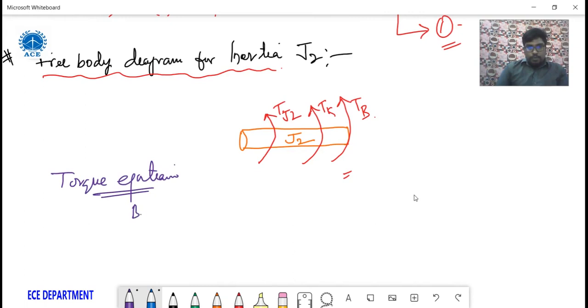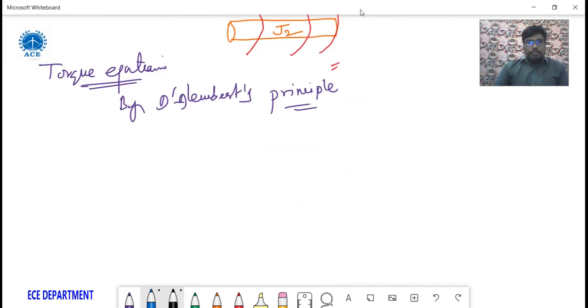By D'Alembert's principle, writing the torque equation, there is no external torque applied.